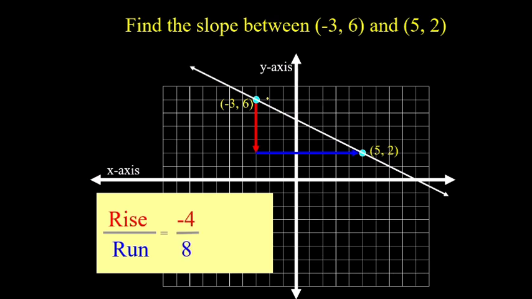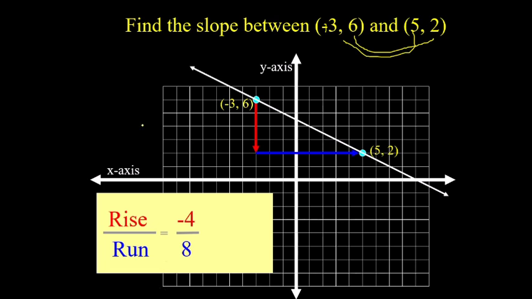Your rise is -4 and your run is 8. How? Your rise is 6 minus 2 or 2 minus 6, which is y sub 2 minus y sub 1, so -4. 5 minus -3 is positive 8, because you add the opposite. When you add, this becomes positive. So that's why 8.